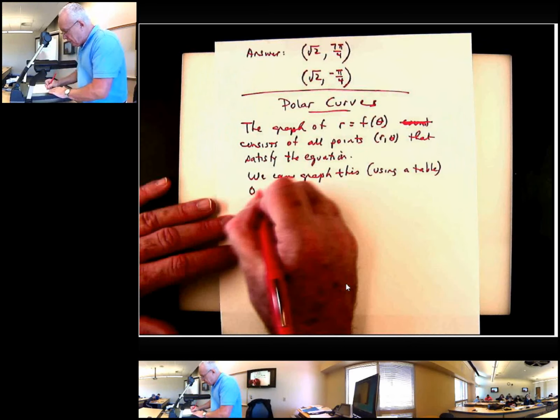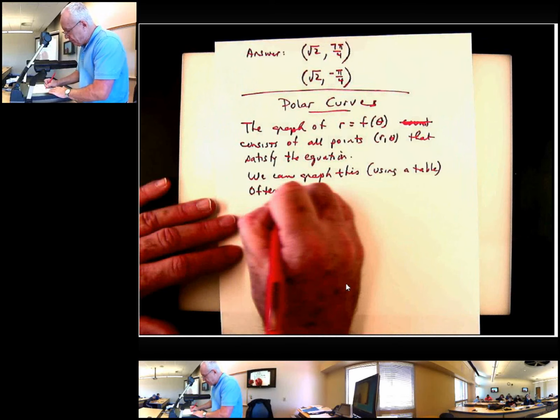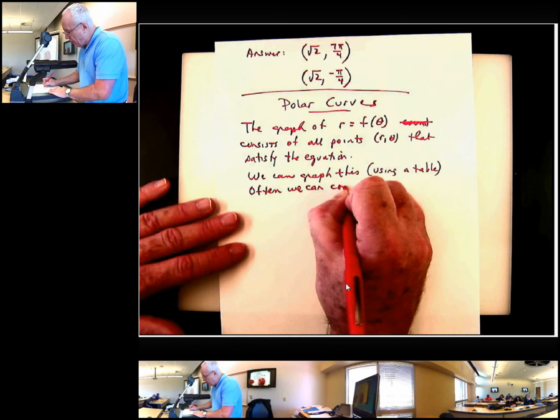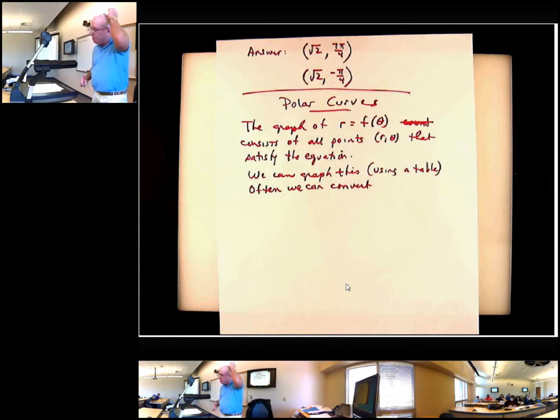And another thing we can do is often we can convert this polar curve into an equation with x and y.